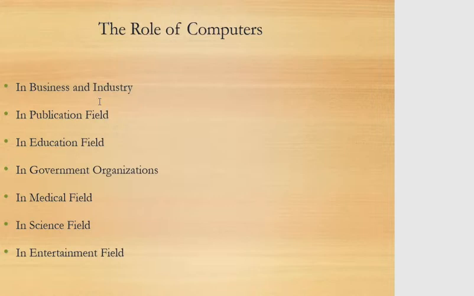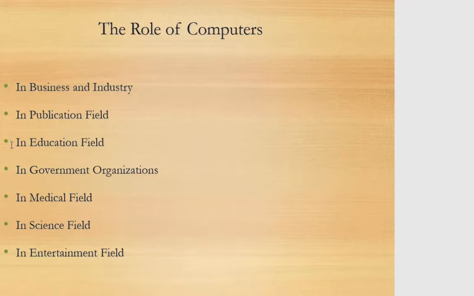So here is a list of some of the fields where one can apply the skills you get after going through the basics, after you've attained different skills in computing. So one is the business and the industry. Computers are applied there. Wherever you go in this era, you find computers in different offices.